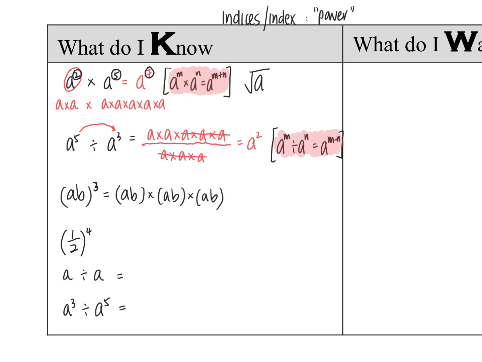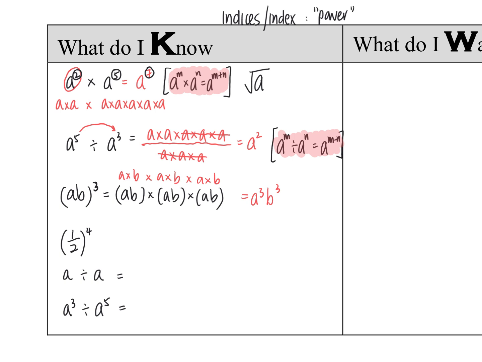So if I were to write it out, this is a times b, a times b, a times b. So actually you have a cubed, b cubed.